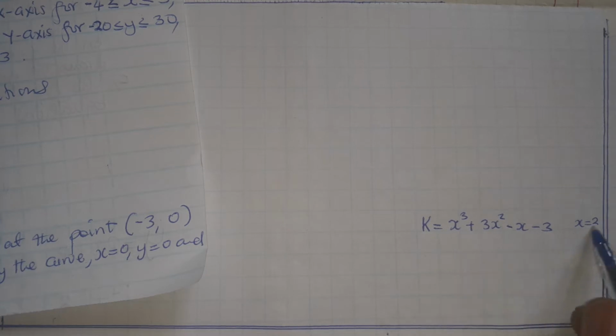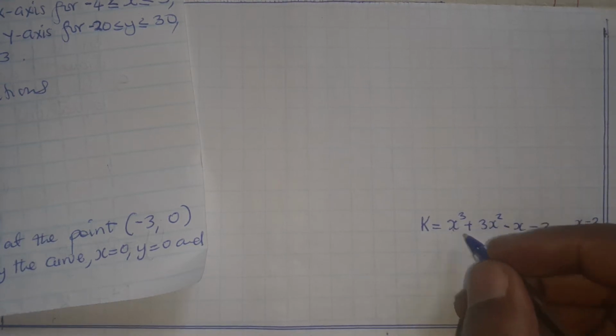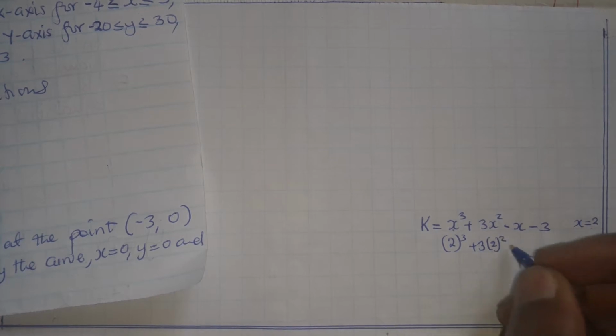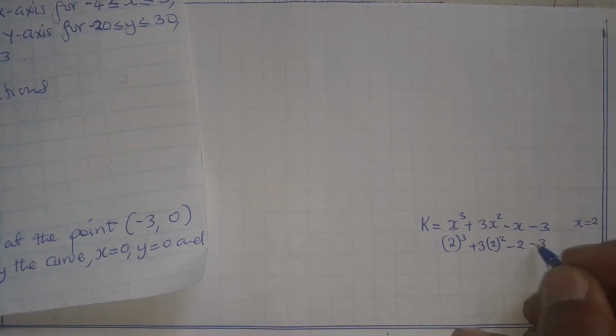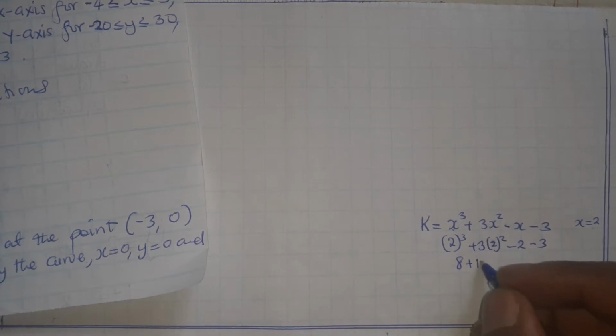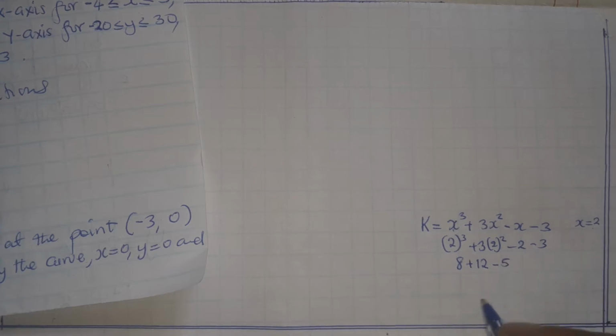So I need to replace here where I have x, I need to put 2. So I'm going to say 2 cubed plus 3 times 2 squared minus 2 minus 3. So this gives me 8. Then this here gives me 12 minus, I'll simplify this one here as 5.